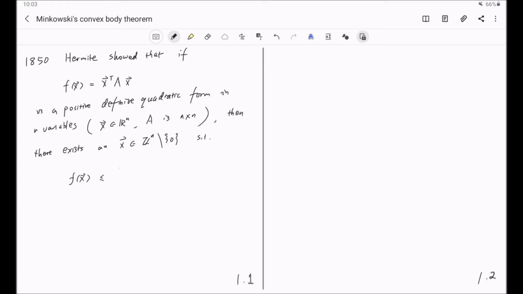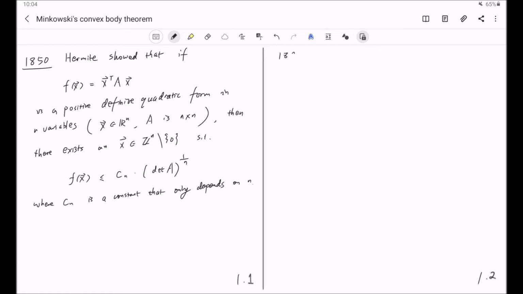This is bounded by some constant c sub n times the determinant of A raised to the power 1 over n. So here c sub n is a constant that only depends on n. So this is the year 1850.